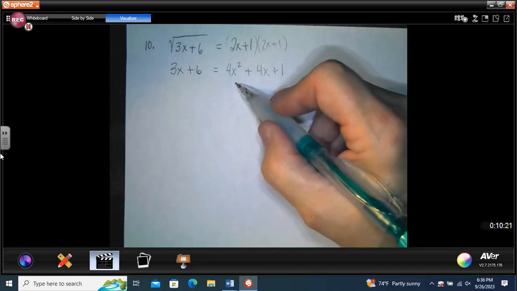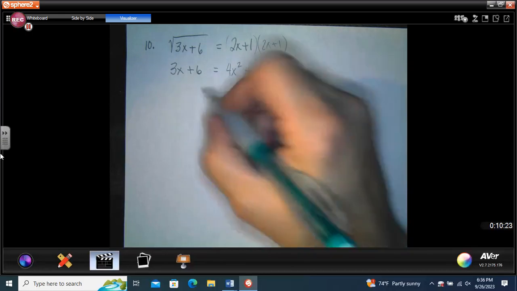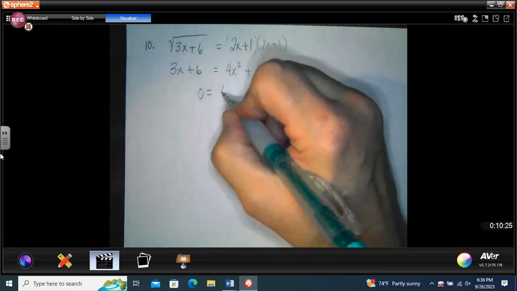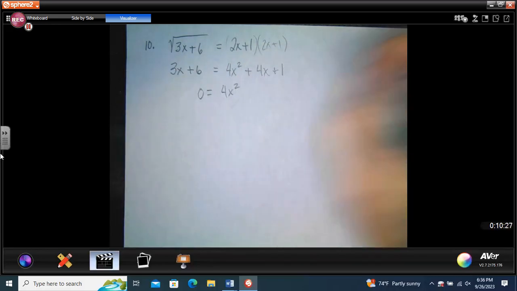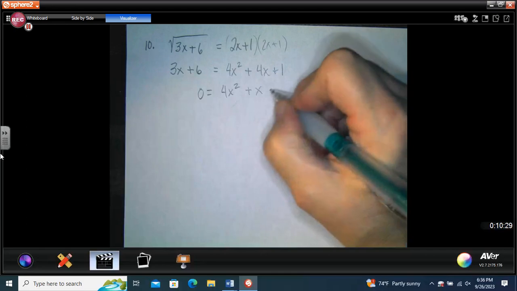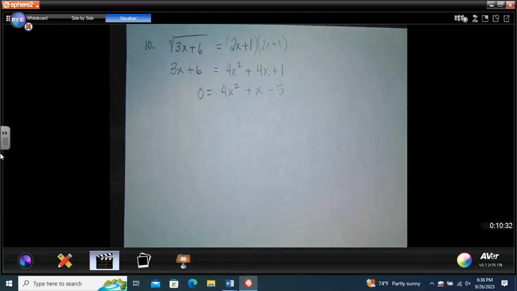Since my x squared is positive, over here I'm going to move everything over. So I'll have 0 equals 4x squared plus x minus 5. And gosh, that just might factor.